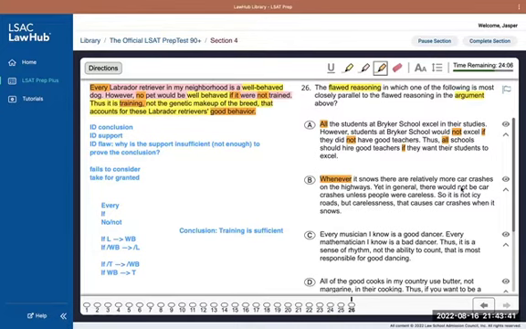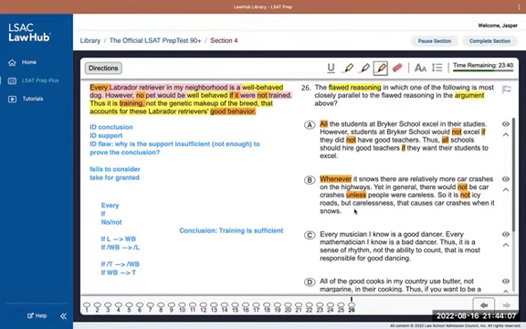Yet in general, there would not be car crashes unless people were careless. Love this. The word unless we can replace with if not, right? So it's going to indicate that we have a sufficient condition, but we need to negate it. So if people were not careless, there would not be car crashes, is what we would get there. So it is not icy roads, but carelessness that causes car crashes when it snows.